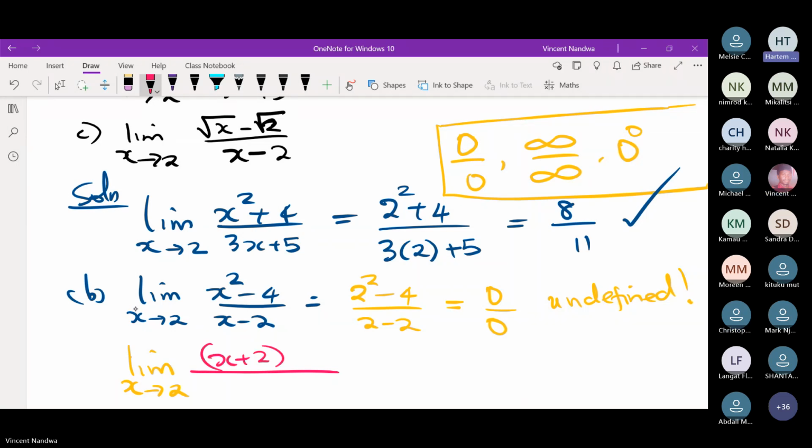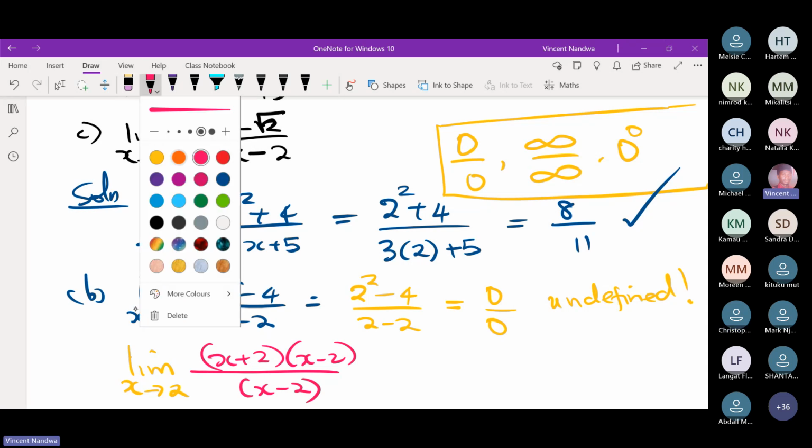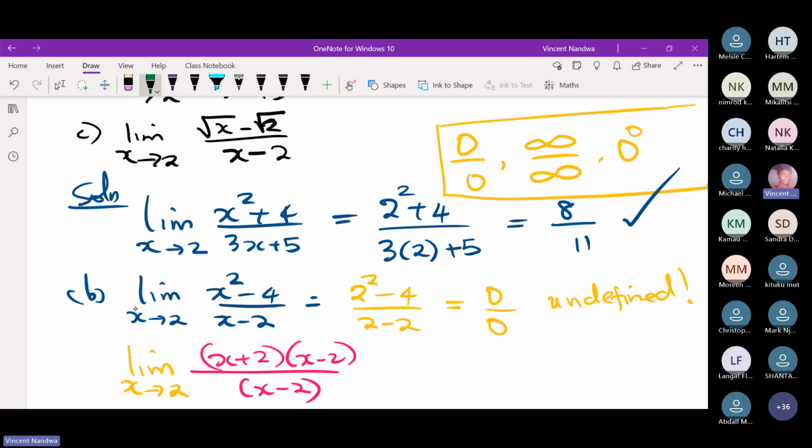Then over x minus 2. By doing so, the factorization of the numerator now produces a factor which is the same as what we have in the denominator. So this reduces to the limit as x approaches 2 of x plus 2.